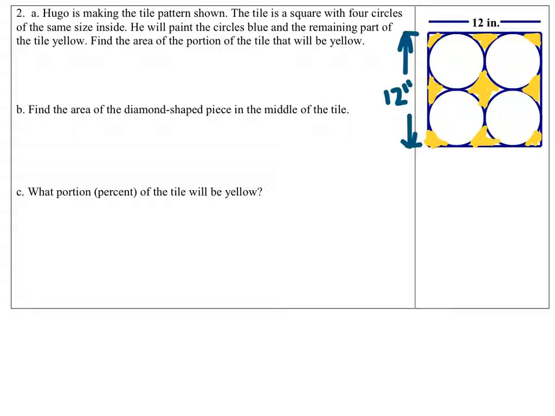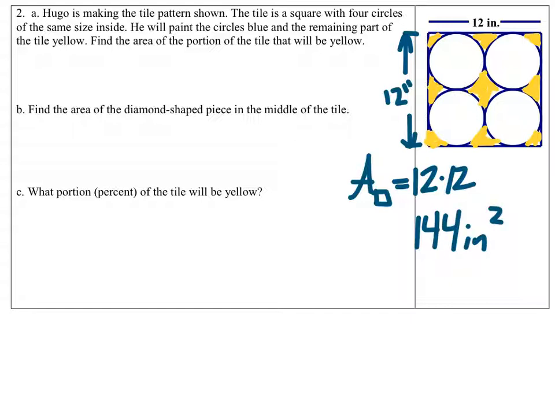That will tell us how much area is left to be painted yellow. So, to find the area of the square, we do 12 times 12, right? Which is 144 inches squared.